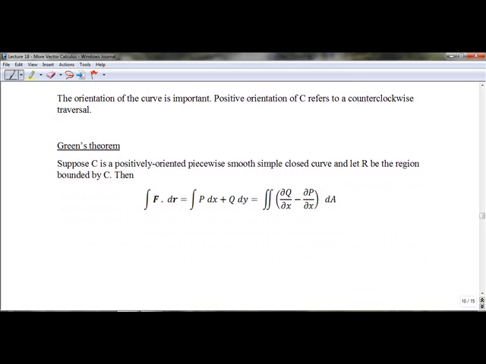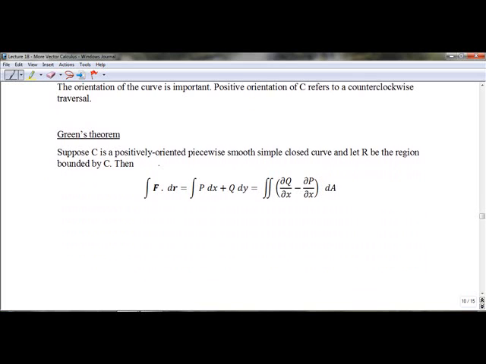Suppose C is a positively oriented, piecewise smooth, simple, closed curve. What do we mean? By the way, simple is not the English language definition of simple. The mathematical definition of simple is, let me tell you what not simple is.